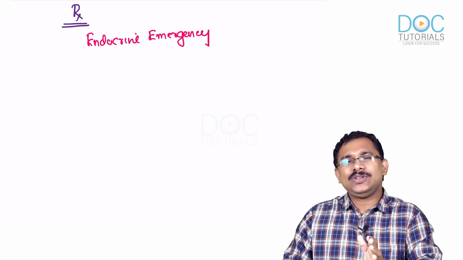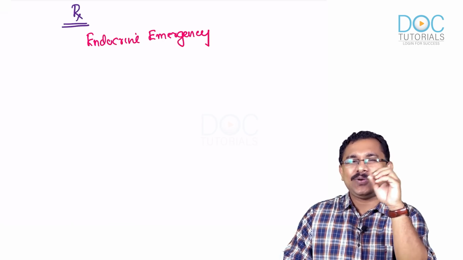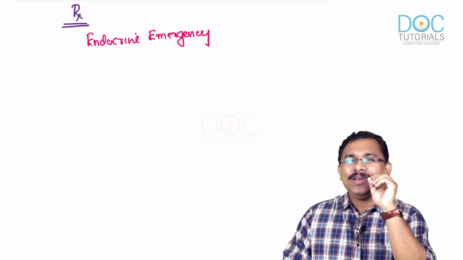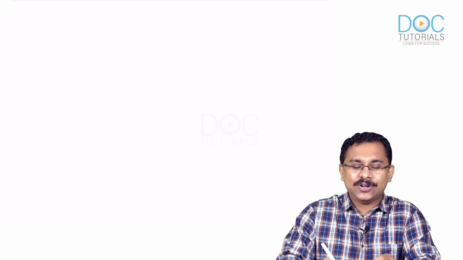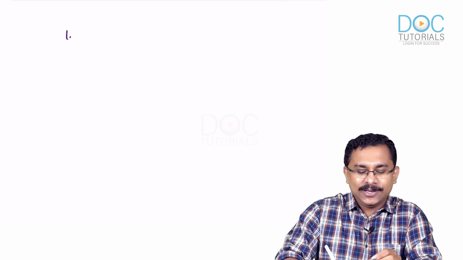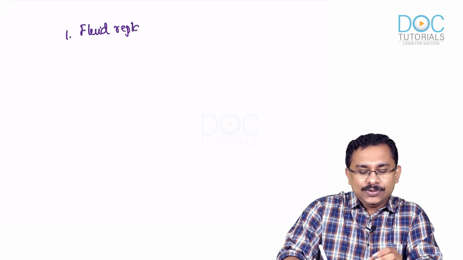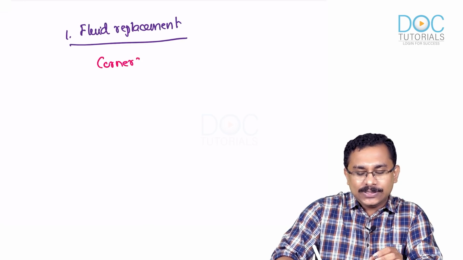Coming to the management of diabetic ketoacidosis, you might think that there is a high blood sugar, so I should bring down the blood sugar. You are absolutely right. But if you are asked what is the cornerstone of management, it's fluid replacement. Okay, so fluid replacement is the cornerstone of management of diabetic ketoacidosis.